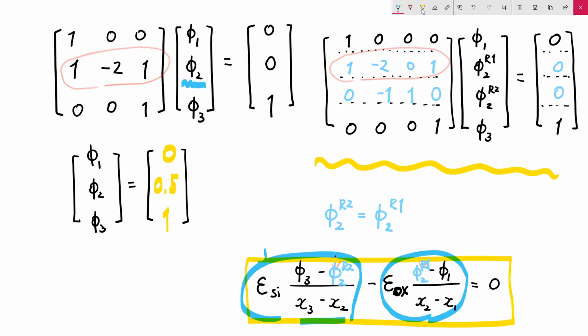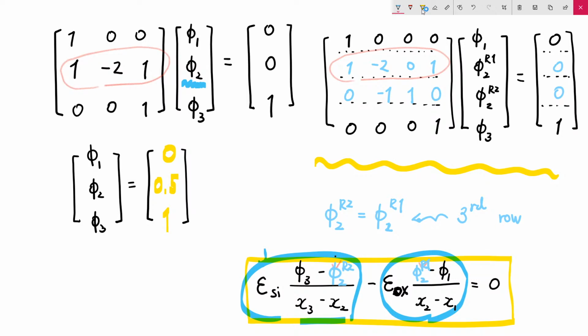This third row just says that minus phi 2 at region 1 plus phi 2 at region 2, the sum of them, is 0. Simply speaking, this continuity is implemented at the third row of our implementation. Then maybe you feel, oh, this is too trivial, so we have spent plenty of time.